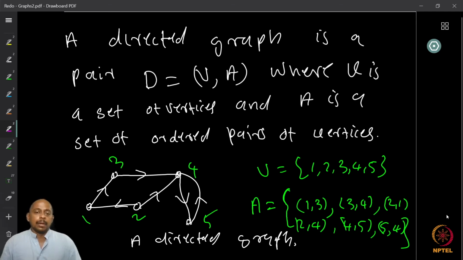Now, here is an example of a digraph where V is the set {1, 2, 3, 4, 5}. Then we have A as the set {(1,3), (3,4), (2,1), (2,4), (4,5), (5,4)}. Now there is (4,5) as well as (5,4), which enables us to go from 4 to 5 as well as from 5 to 4 by taking an arc.